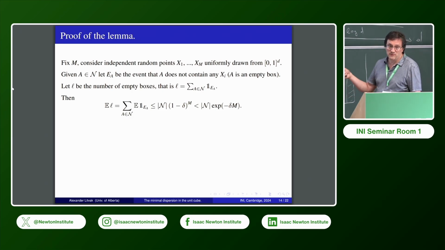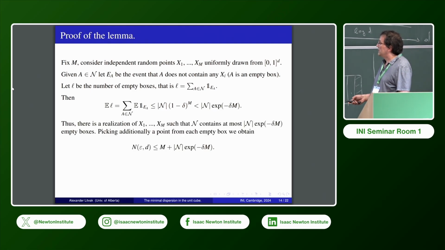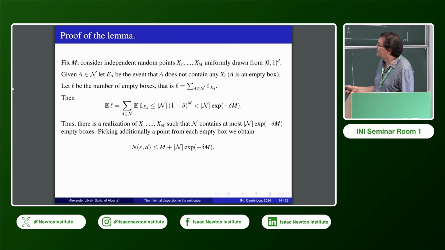Once again, to compute the probability here is easy because we deal with Lebesgue measure. So it's the cardinality of the set, and each box here has measure at least delta, so it's 1 minus delta to the n. Because of it, there is a realization of random points such that all rectangles from here except such a number will contain a random point.